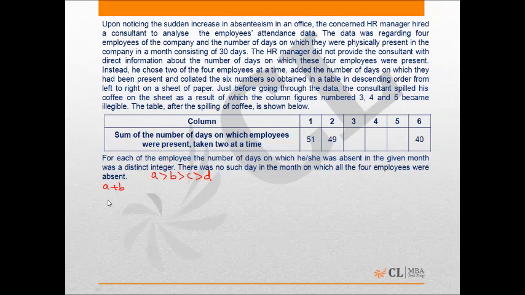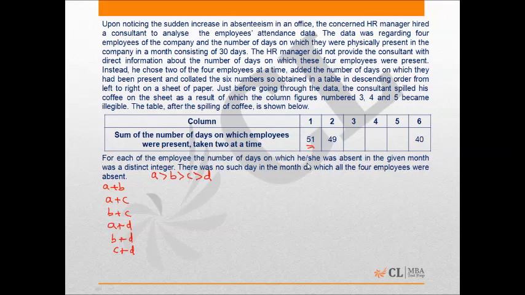I can have A plus B, A plus C, B plus C, A plus D, B plus D, and C plus D. Right. Now see, 51 could be any of these values, but 51 is the largest number of the sums because this is the summation of numbers taken two at a time, right?